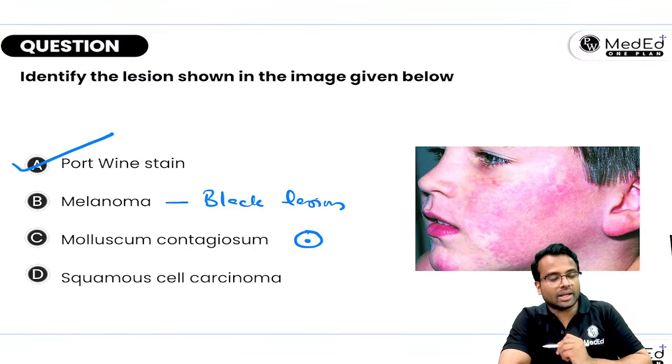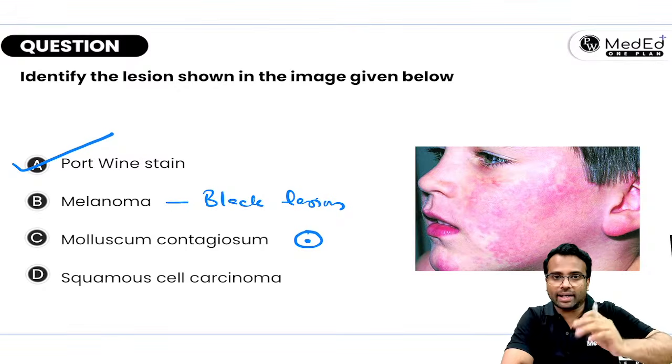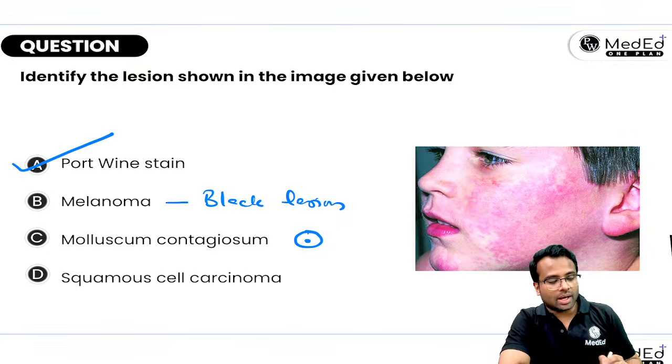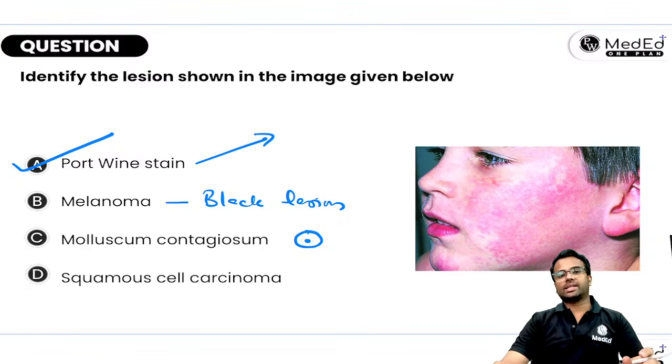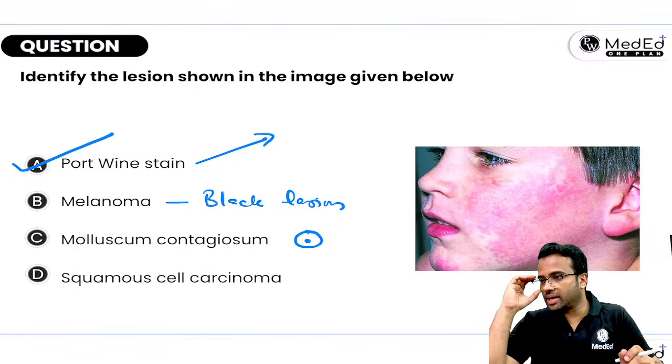Yes, it is seen in port wine stain. Remember, Portuguese red wine that is spilled over the face. So it is going to be a port wine stain that you can see in this image. And can you tell me any syndrome where a port wine stain can be seen?